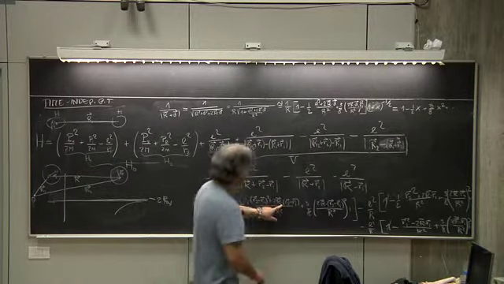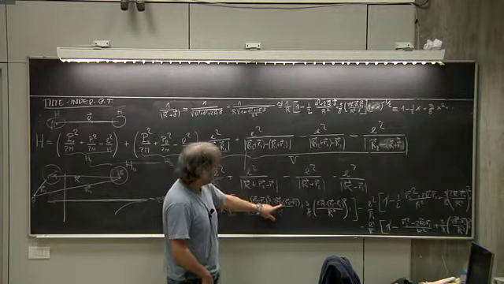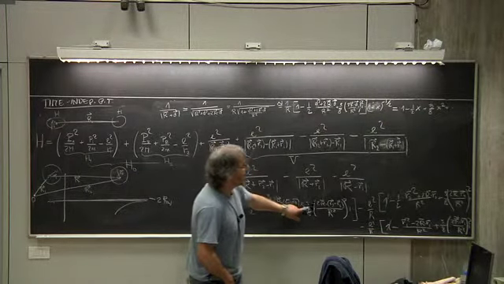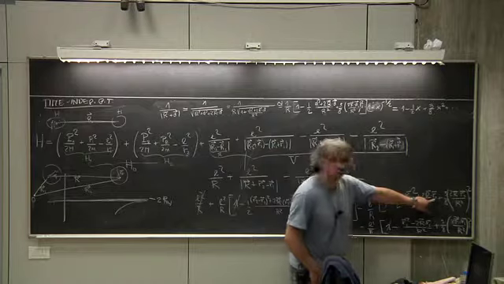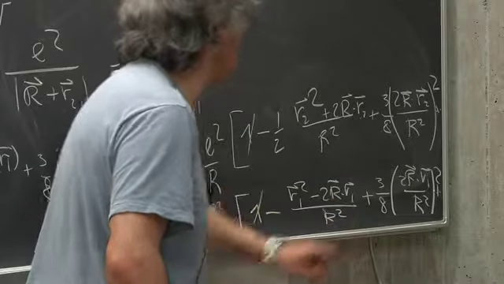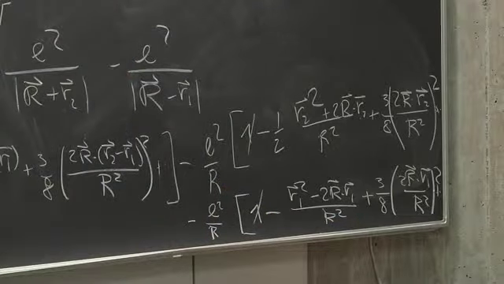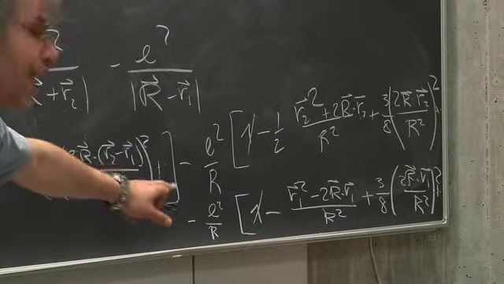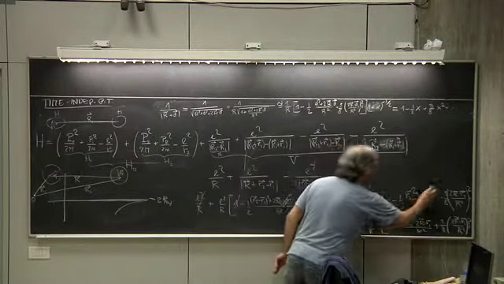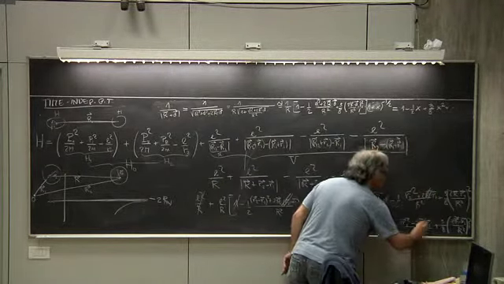Here you have R times R2 minus R1. Here I have R times R2. And here I have minus R times R1. If you check, there are minus signs such that this object cancels exactly with this and with that.